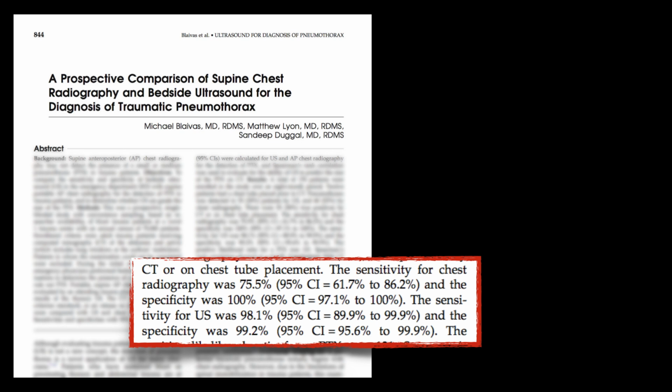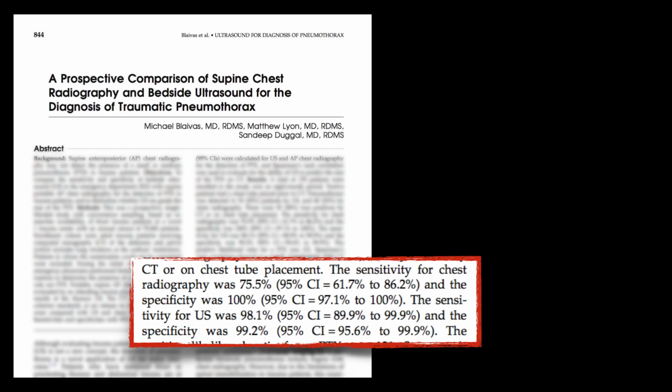The specificity is where things were kind of interesting. Let me rephrase that. The sensitivity for the ultrasound outperformed the sensitivity of the chest X-ray. The specificity was pretty comparable, like 99.2% versus 100%.